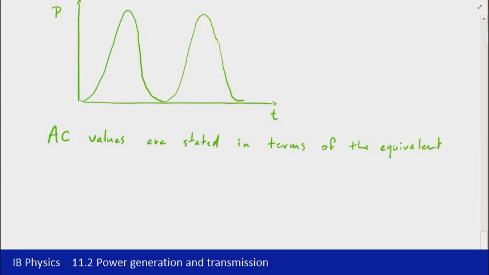So the equivalent DC value, so direct current value, and more specifically a flat direct current value that would deliver the same power over one cycle.